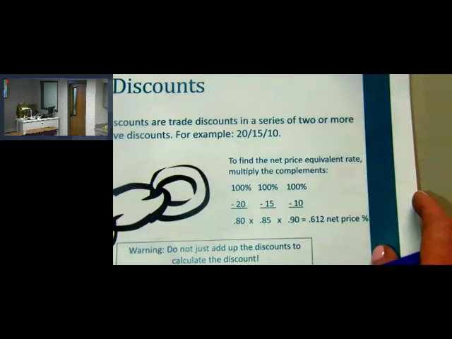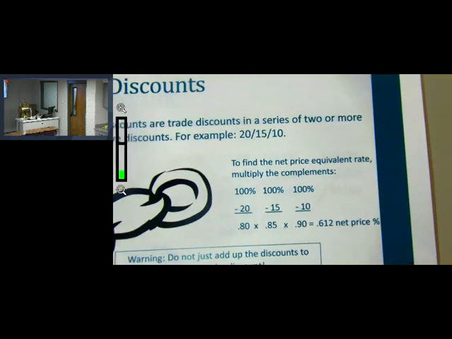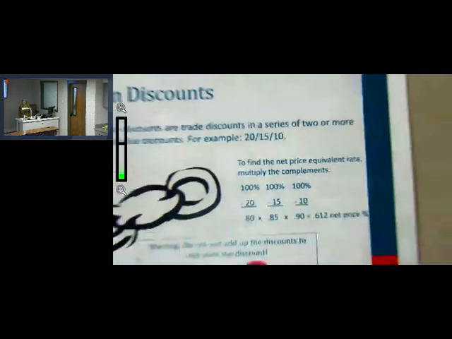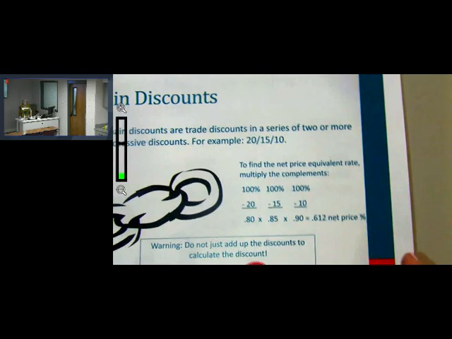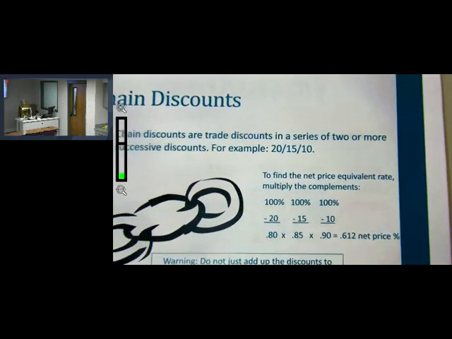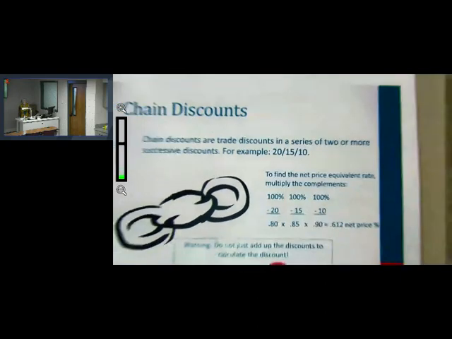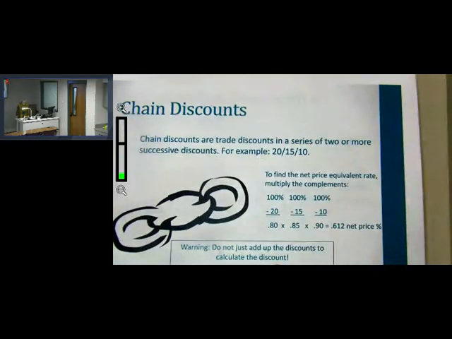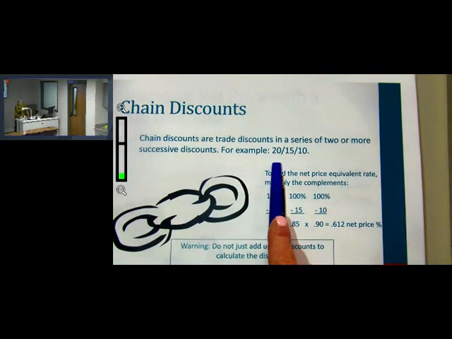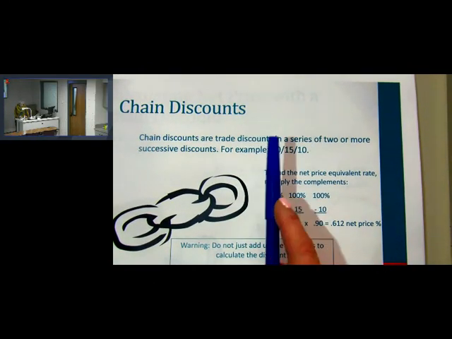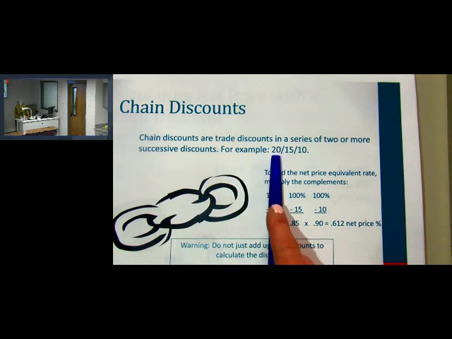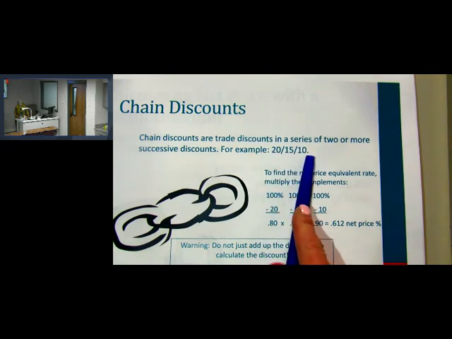I'm going back to the PowerPoint real quick. The other type of trade discount, we've been talking about single trade discounts. Sometimes we have trade discounts in a chain, all right? So a trade discount can look something like this. You have a list price, and they're offering you a 20, 15, and a 10. This is a chain of trade discounts together.